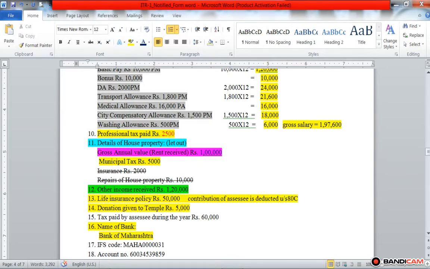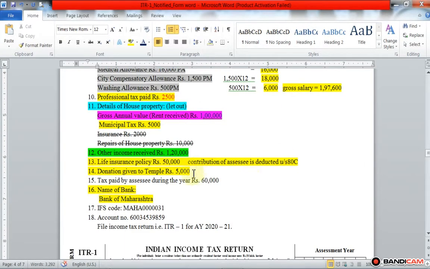So it is allowed to be deducted from the gross total income. And the donation is allowed to be deducted under section 80G.